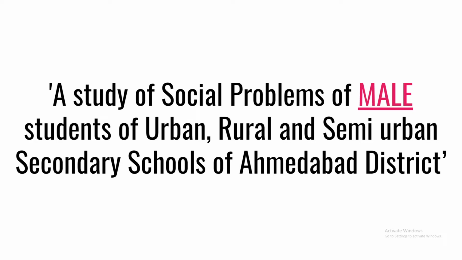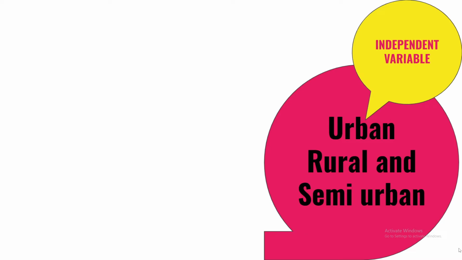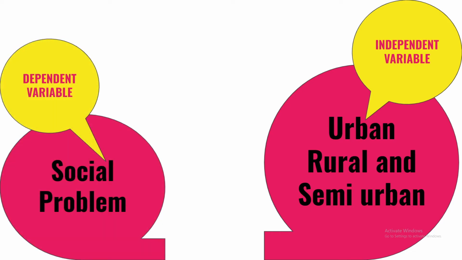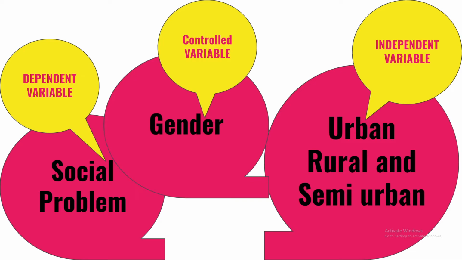The variables for this study will be classified as the area as the independent variable with urban, rural and semi-urban levels, jointly called strata, social problem as the dependent variable, and gender as the controlling variable.